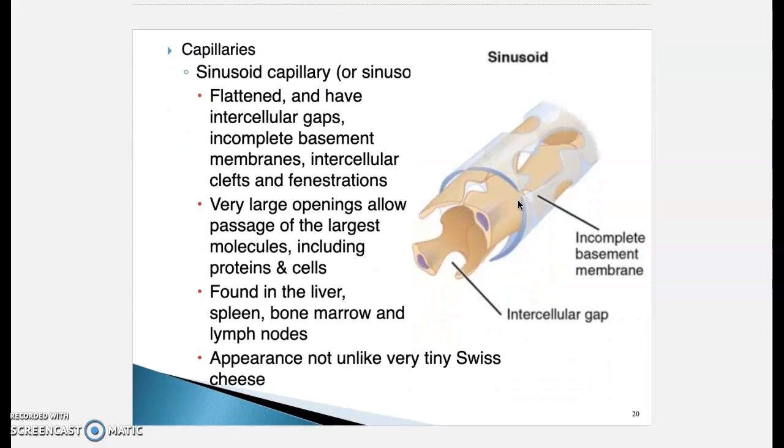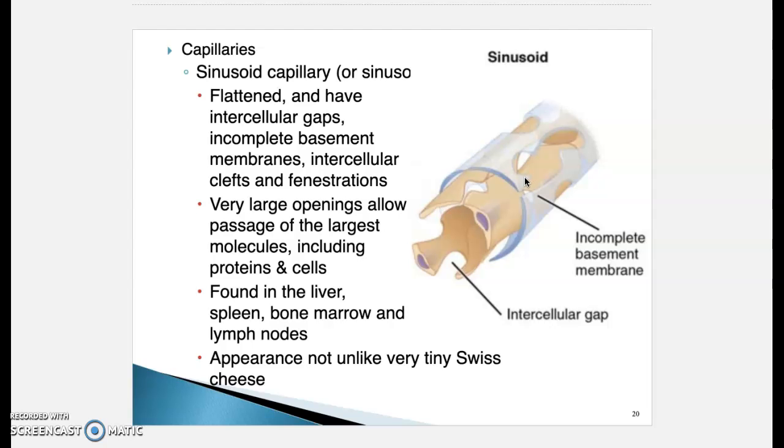And the third type of capillary is called a sinusoid capillary. They're different from the fenestrated capillaries that have smaller pores. In this case, sinusoid capillaries are capillaries that have incomplete basement membranes, as you see here, and intercellular gaps in the endothelial layer.